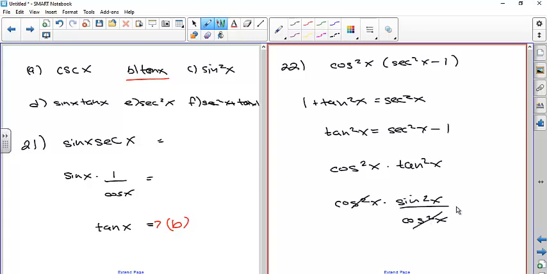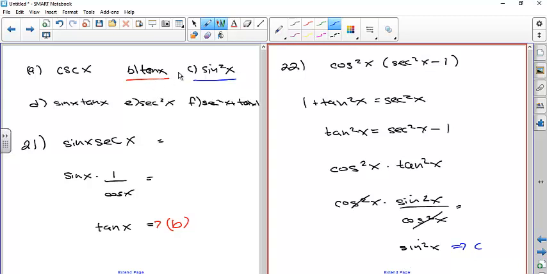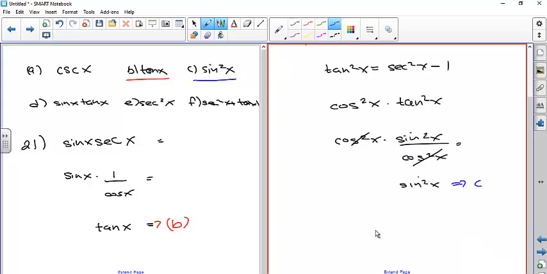So I cancel out the cosine. I'm left with sine squared x, and that looks like something that might be one of my choices, which it is. So the answer here is choice C. And you can see I'm underlining. So part of it, when you get further along, you can use process of elimination.